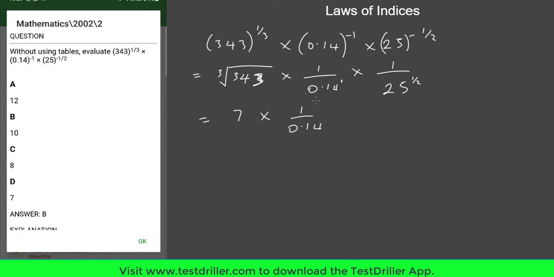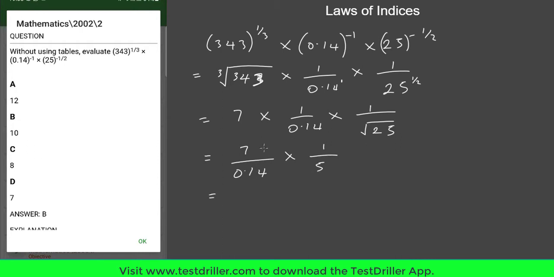Note that whatever you have raised to the power 1 is that same number. Then times 1 divided by, this time we want to deal with the fractional power. To deal with that, you just take the square root of 25. So here you have 7 divided by 0.14, then times 1 divided by 5.